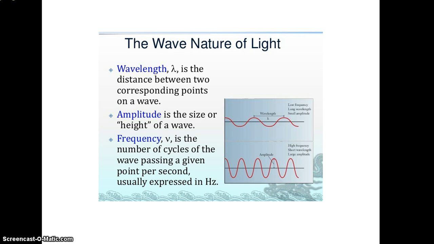Before that, you have to study some terms relating to the wave nature of light. First one is wavelength. Wavelength means the distance between two corresponding points on waves, and it is represented by the letter lambda. Then amplitude. Amplitude means the height of the wave.